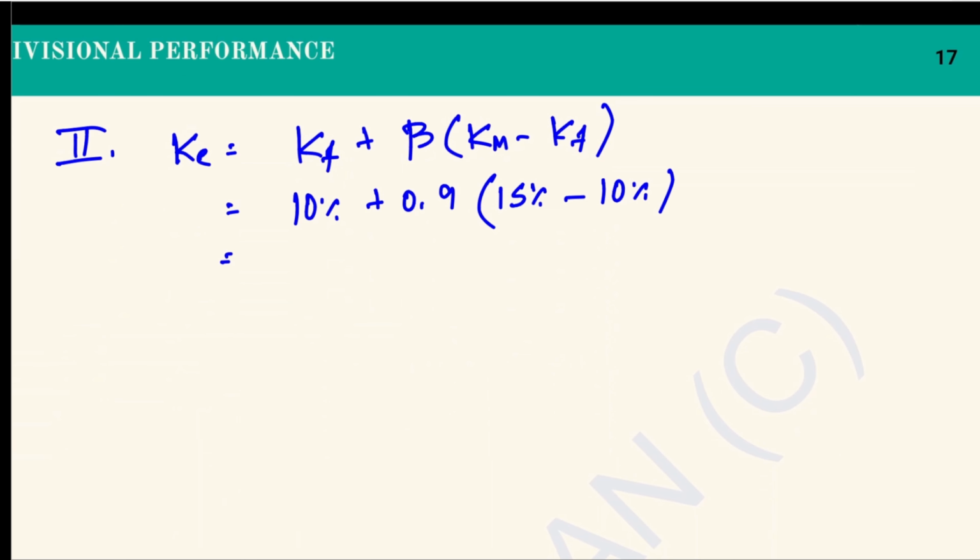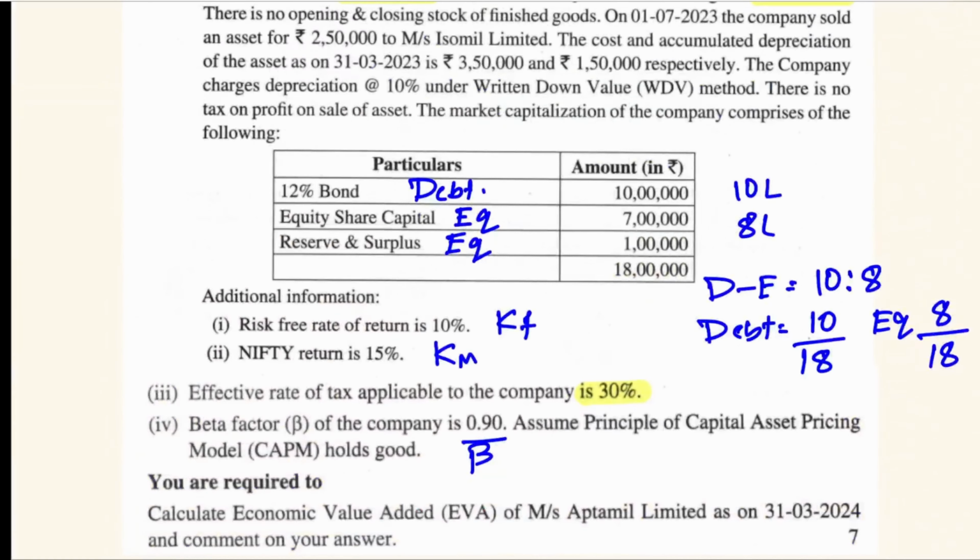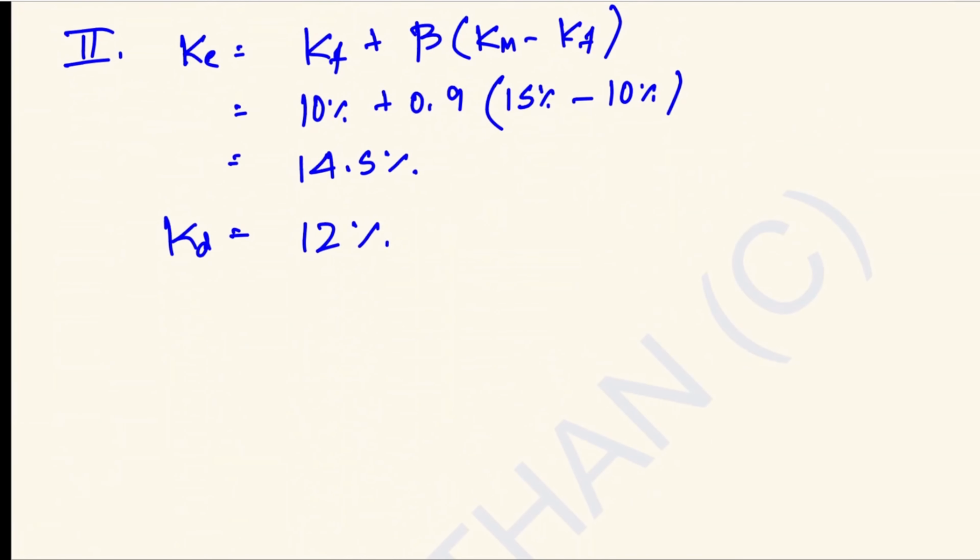So we will get cost of equity is equal to 14.5%. Then KD is equal to 12%. Why 12%? It's a 12% bond. That means we have to pay 12% of 10 lakh to bondholders. So KD is 12%.